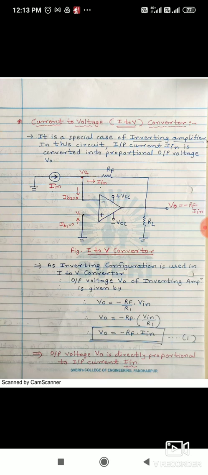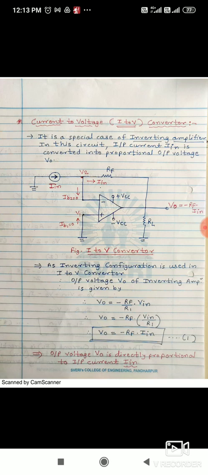Vin divided by R1 gives the input current IN, or you can directly connect the current source as shown in this figure. This circuit will convert the current IN into output voltage V0. V0 is given as minus RF into IN. So how did we get the relation?